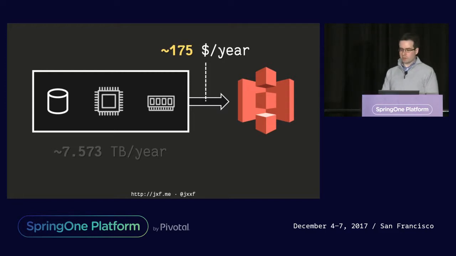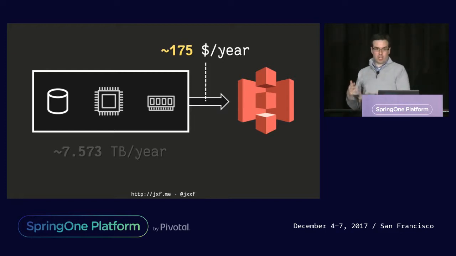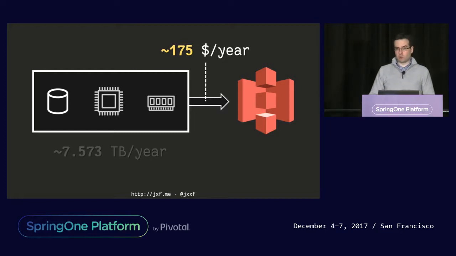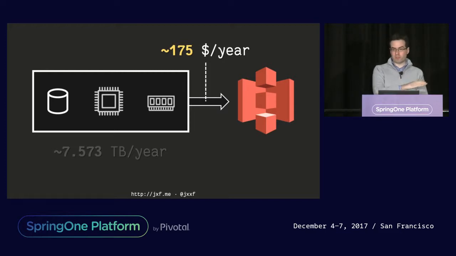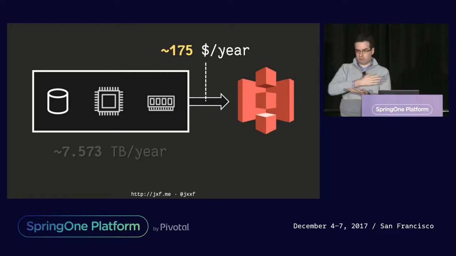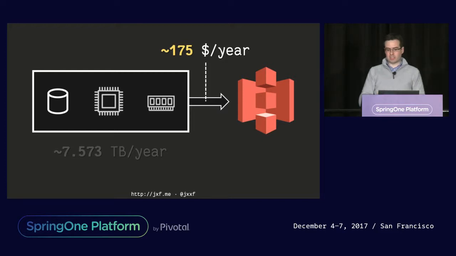So that's not very expensive for a whole year's worth of running this system. You only have to pay $175, and you would get down to 1 second granularity measurement of the 100 metrics across all of the time that system is running.